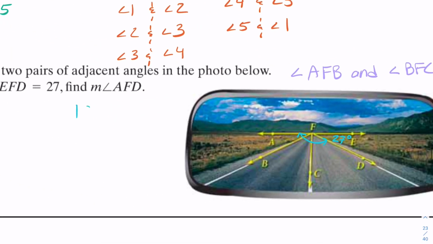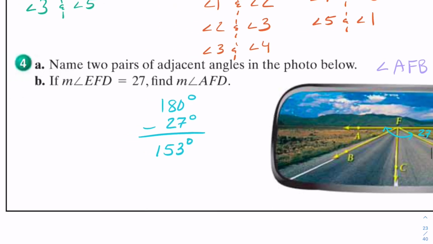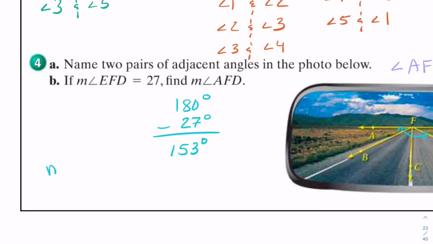Well, 180 degrees, because AFE is a straight angle. Take away 27 degrees: 80, 70, 60, 50, 153 degrees. So the measure of angle AFD is 153 degrees.